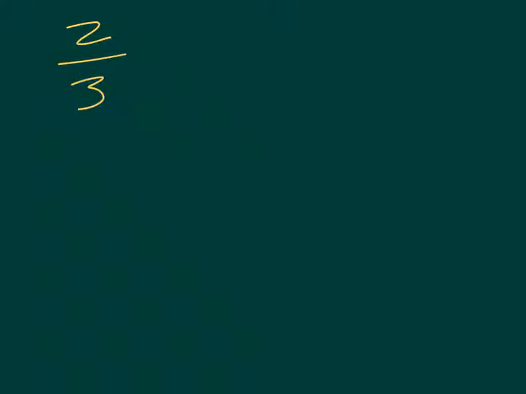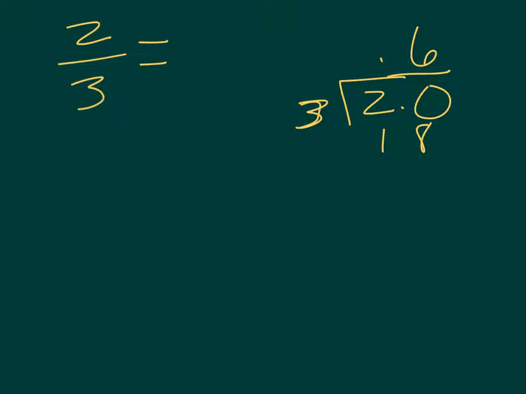Okay, so sometimes it doesn't come out super nice. Well, it does kind of come out nice, but 2/3, this isn't going to end. You probably know that already, though. So like we did before, we have 2 divided by 3. Add a 0 there. 3 does not go into 2, but 3 goes into 20. How many times does 3 go into 20? 3 times 6 is 18. Subtract and get a 2.